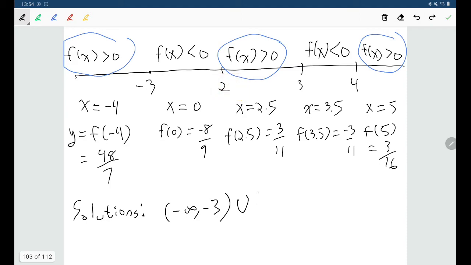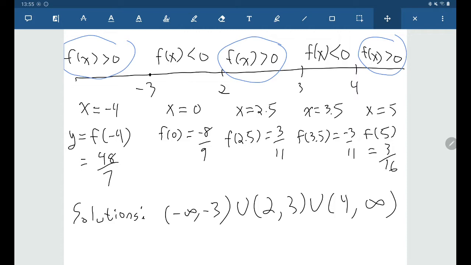Again, not including the 2, not including the 3, because we're looking for where it is greater than 0. So we're not interested in where you are at the x-axis, we're interested in where you are above the x-axis. So we have everything up to -3, everything between 2 and 3, and then the last interval would be everybody to the right of 4.